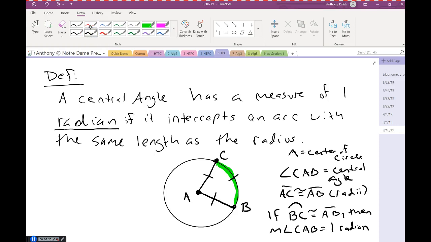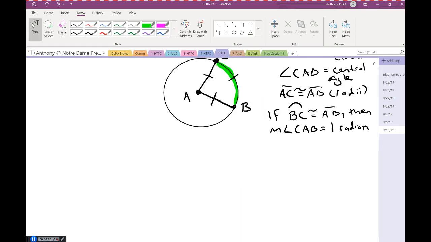So what's natural is to want to create a way to translate back and forth between degrees and radians. Just like if you're learning a new way to measure something, if you want to measure something in feet and you're introduced to the idea of a meter, you want to have a way to convert back and forth between feet and meters. You want to have a way to convert back and forth between degrees and radians. Okay? So let's think about a way to do that.